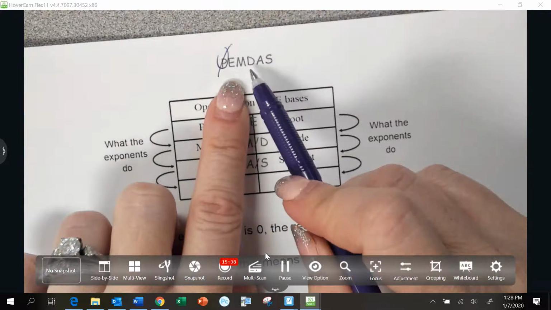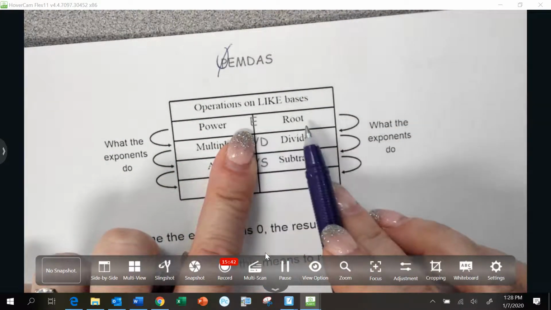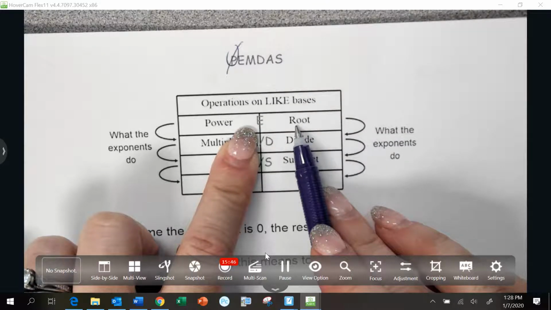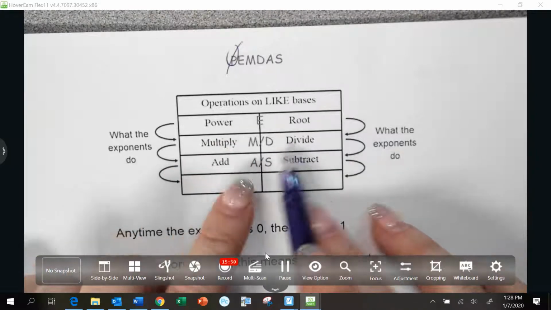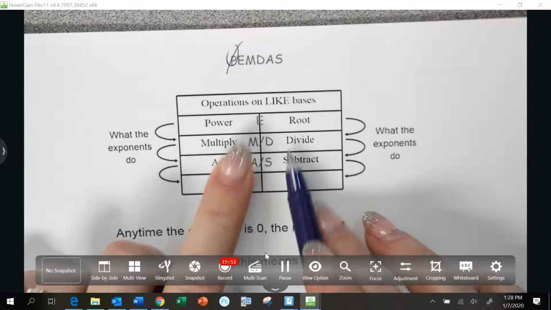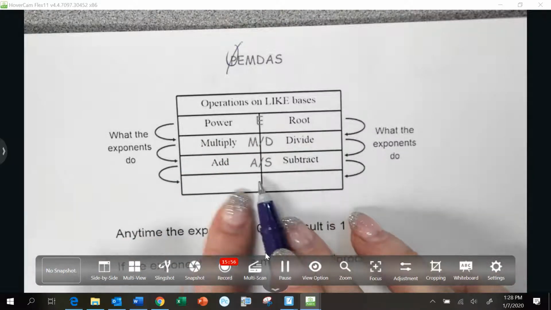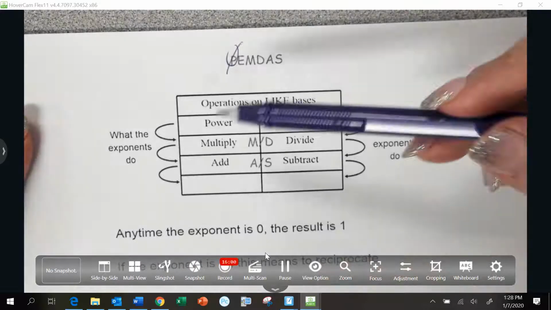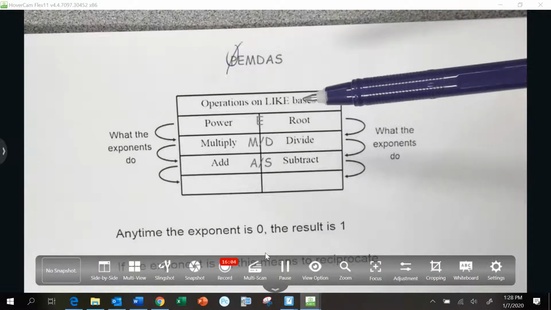This is just exponents, which is the E. Exponents are also roots, which we haven't learned about. So exponents are powers and roots. We've got multiply and divide, and add and subtract. That is the order of operations. And then I have this blank one right here. This is kind of a visual tool to help you remember what you do to the exponents.